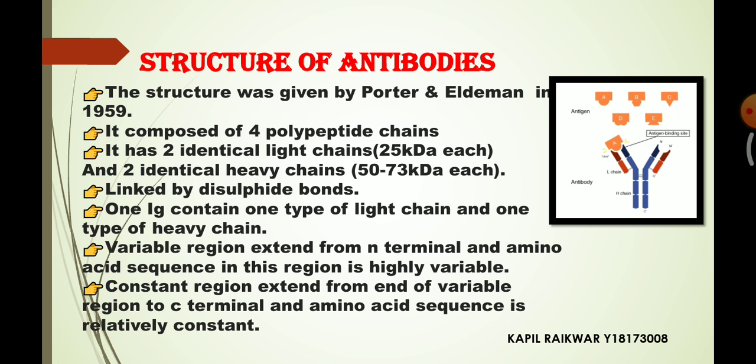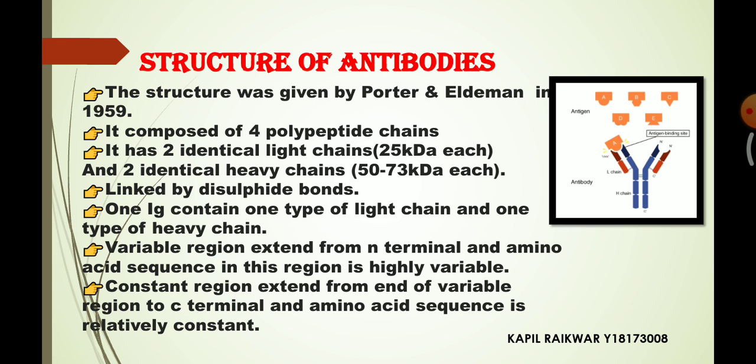Heavy and light chains are held together by a combination of non-covalent interactions and covalent interchain disulfide bonds, forming a bilaterally symmetrical structure. The amino terminal end of the polypeptide chain shows considerable variation in amino acid composition and is referred to as the variable region, to distinguish it from the relatively constant region.